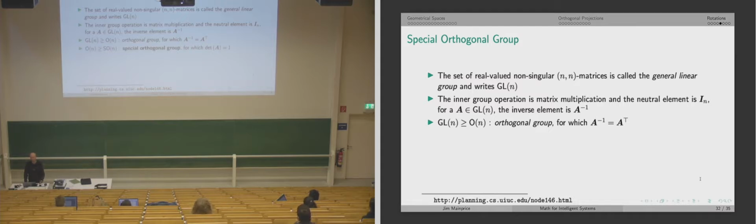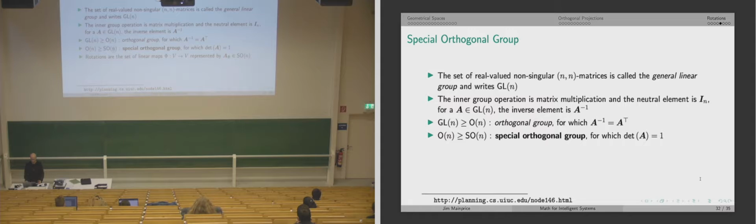Then there's a subset of that orthogonal group where the determinant is 1 (the text says -1). This group represents rotations of R^n, and that's the n here.